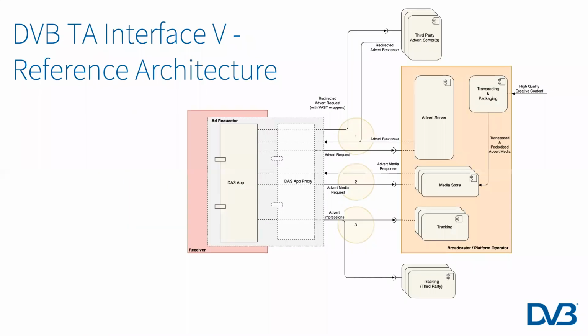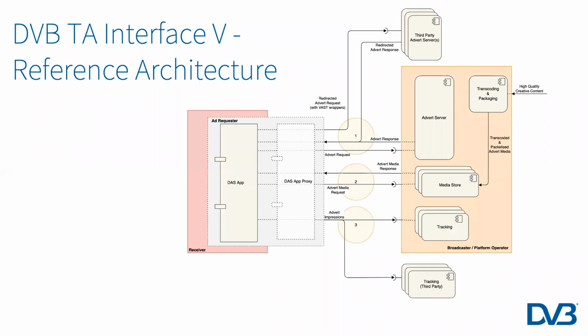So this is in the specification in part 2. We have this more zoomed in reference architecture of a DVB-TA system. You can see the three interfaces.